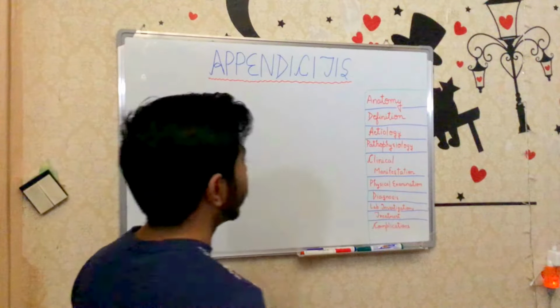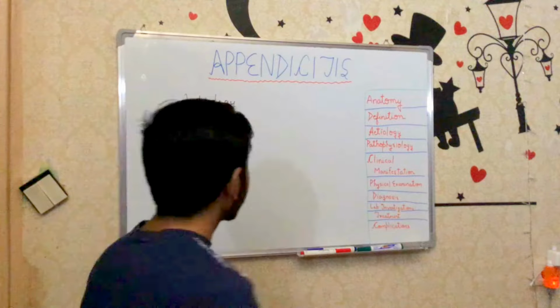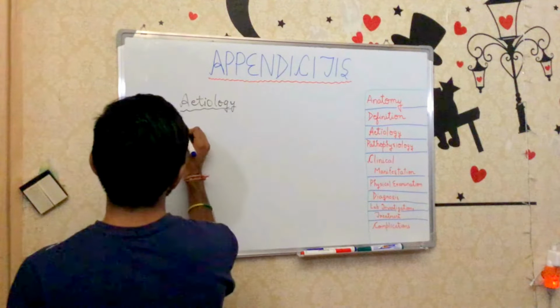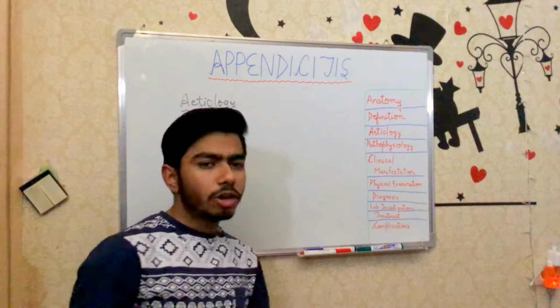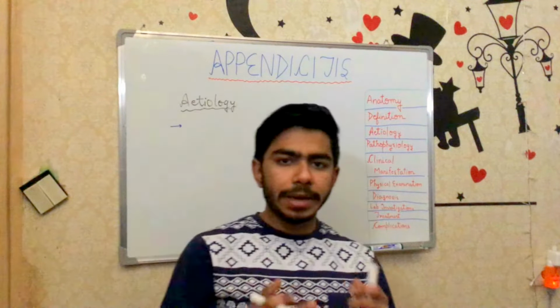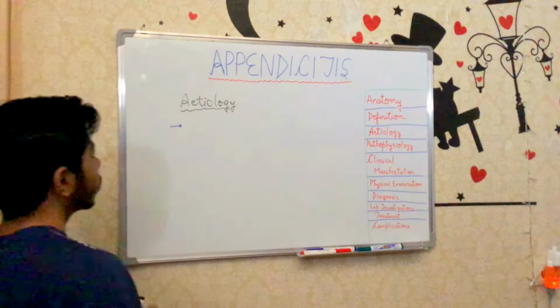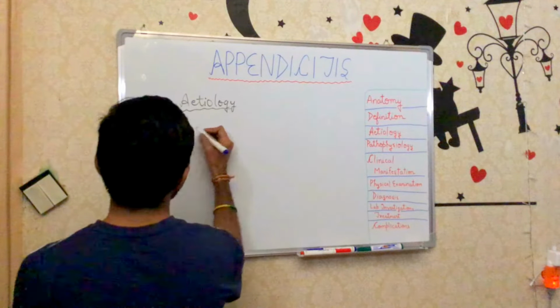What could be the etiological factors for acute appendicitis? First of all, if there is any obstruction in the appendix, it can cause appendicitis. So it is the major cause of appendicitis.